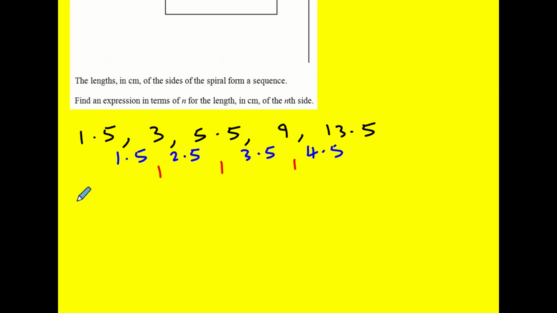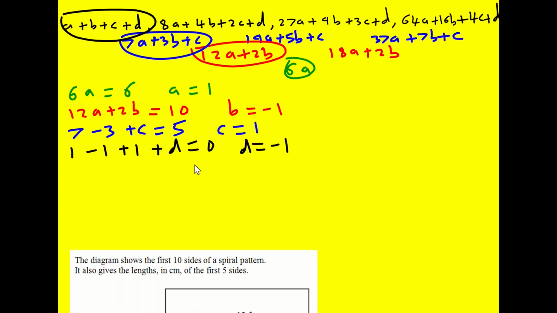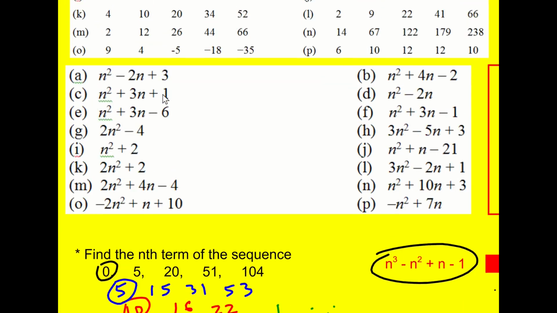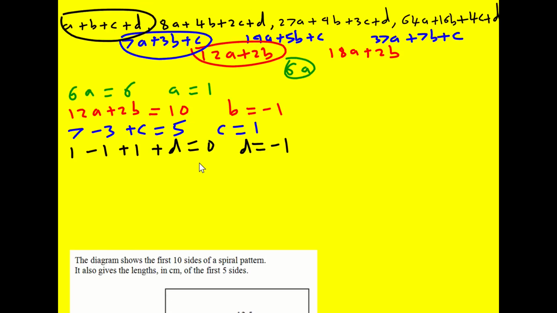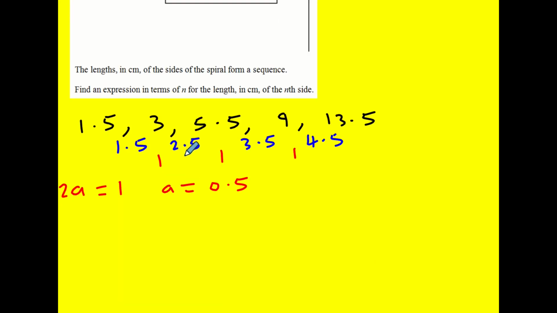I know that 2a is going to equal 1, so a is going to equal 0.5 or a half. Then 3a plus b is equal to the first difference. So it's going to be 1.5 plus b equals 1.5, and b is actually going to equal 0.